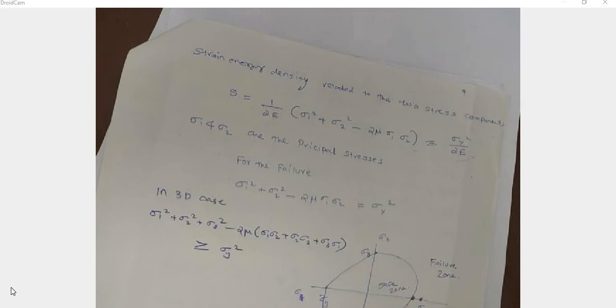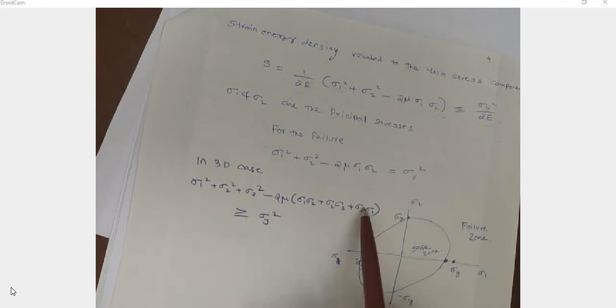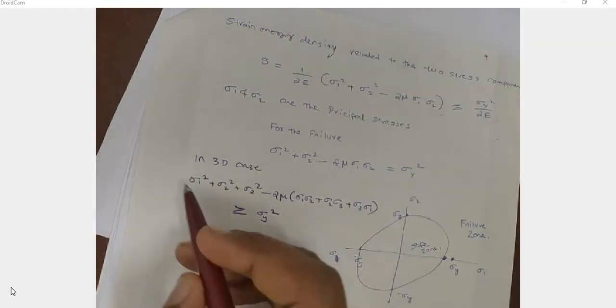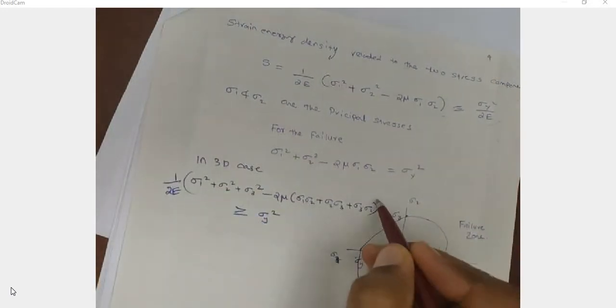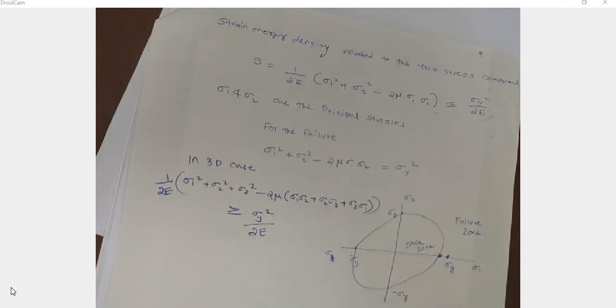And in the case of the three-dimensional condition, we have three principal stresses. Again 1 by 2E is also here, equal to sigma y square by 2E, that is the strain energy corresponding to yield point.